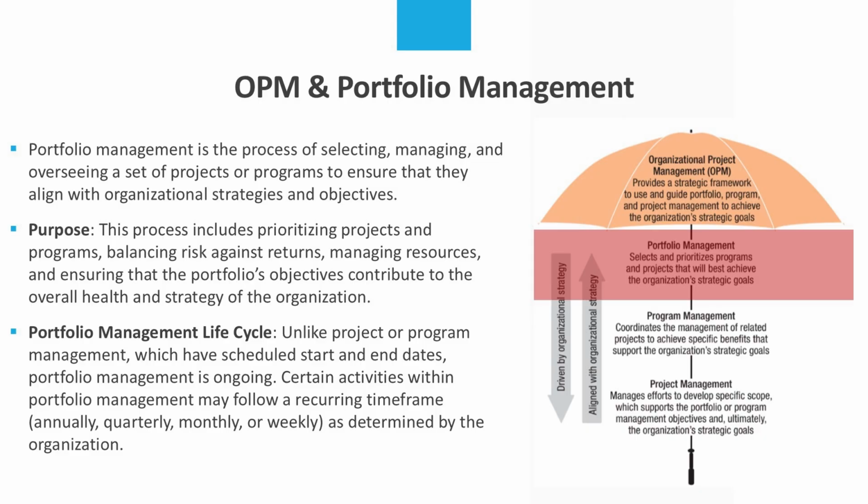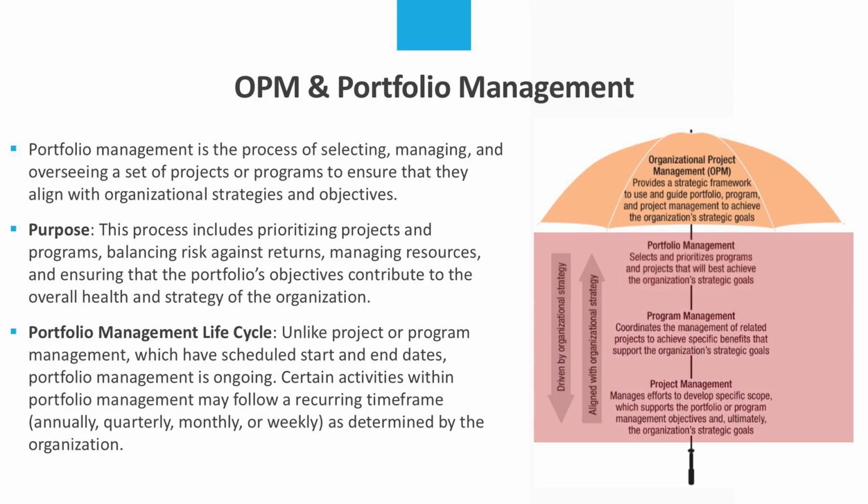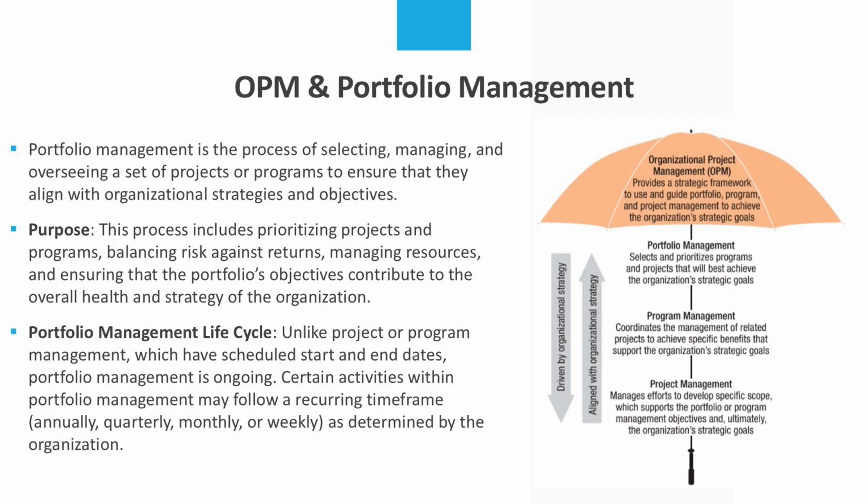Are we collectively moving in the right direction? In other words, portfolio management ensures that programs and projects are not just executed well, but are aligned with the organization's vision and mission we discussed earlier. So this is the perspective we'll build on as we explore portfolio management processes in the next sections. And with that foundation in place, the next step is to look at who is responsible for managing the portfolio, starting with the role of the portfolio manager.